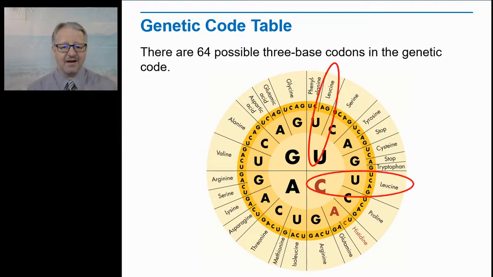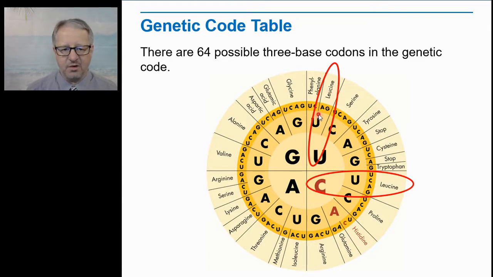In fact, here are a couple of those. So you see UUA and UUG right here. So you read from the inside out, by the way, if I didn't mention that. You go from U to A, and we get leucine. Or you go U to G, you get leucine as well.